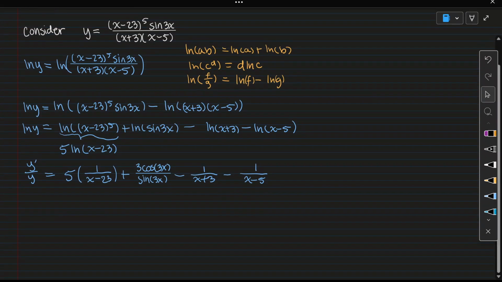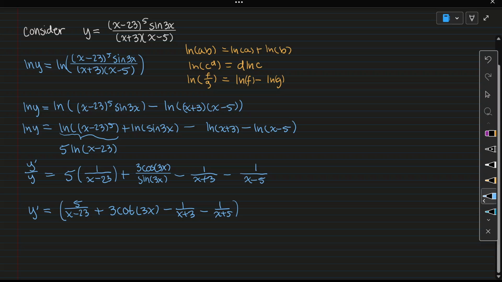So now I can multiply both sides by y and get that y prime is equal to 5 over x minus 23 plus 3 cosine. I'll just simplify this: cosine over sine is cotangent. So I have 3 cotangent 3x minus 1 over x plus 3 minus 1 over x minus 5.